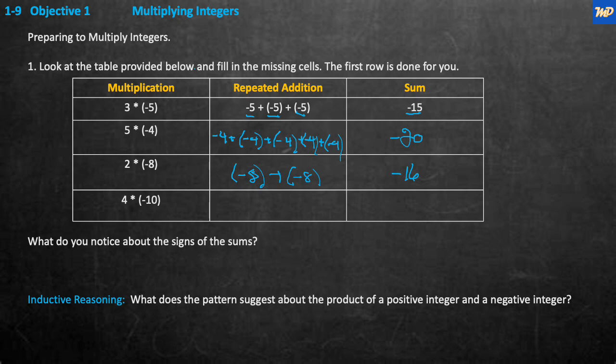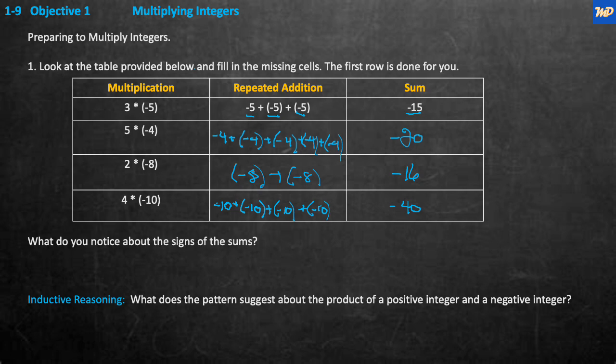So that is negative 10 plus negative 10 plus negative 10 plus the quantity negative 10. That's 4 of them: 1, 2, 3, 4. 10 4 times is 40. And every one we added is negative, so it's negative 40.